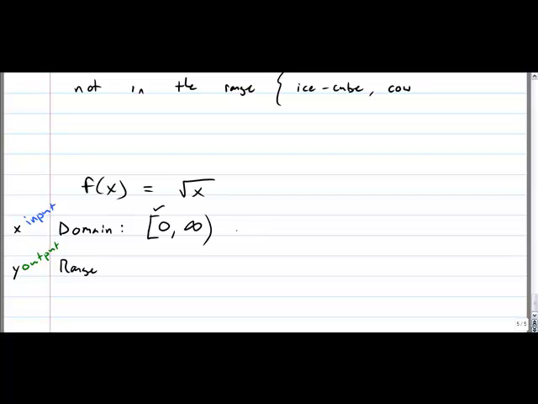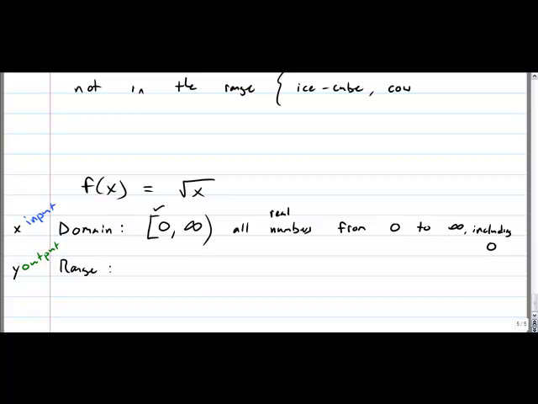But I've described all real numbers from 0 to infinity, including 0.